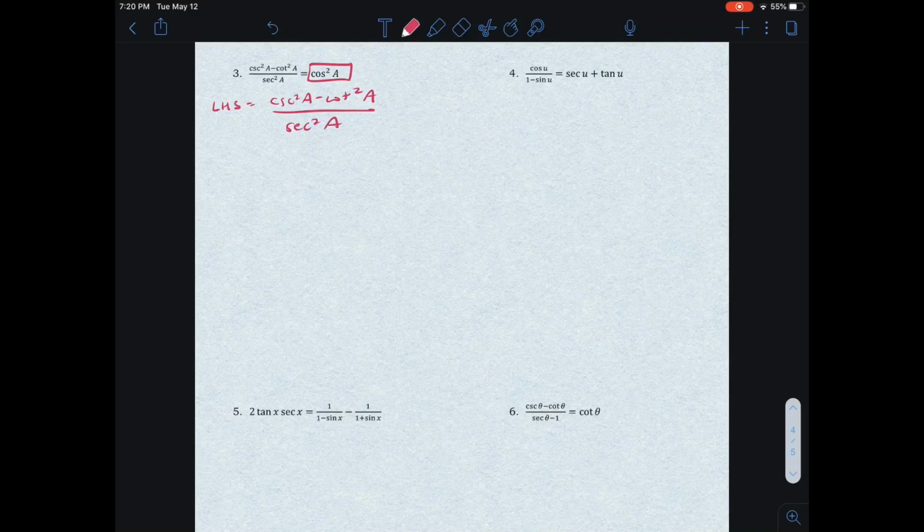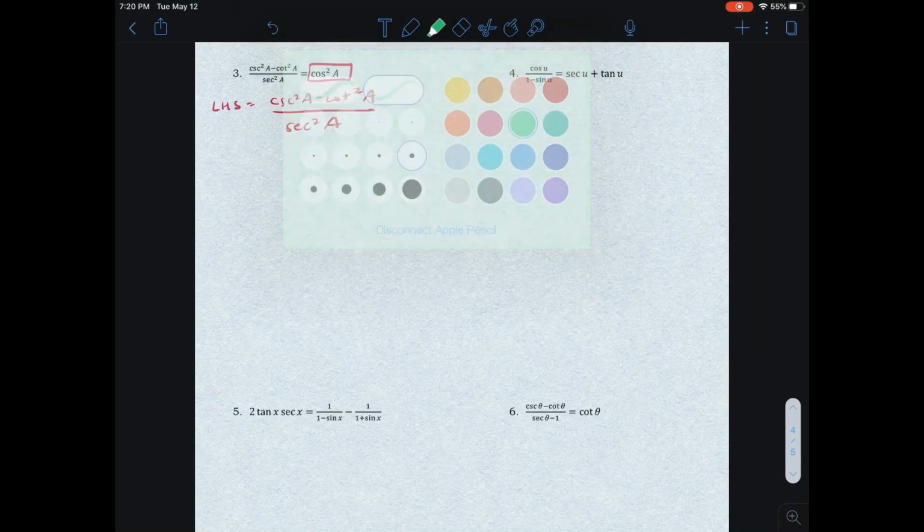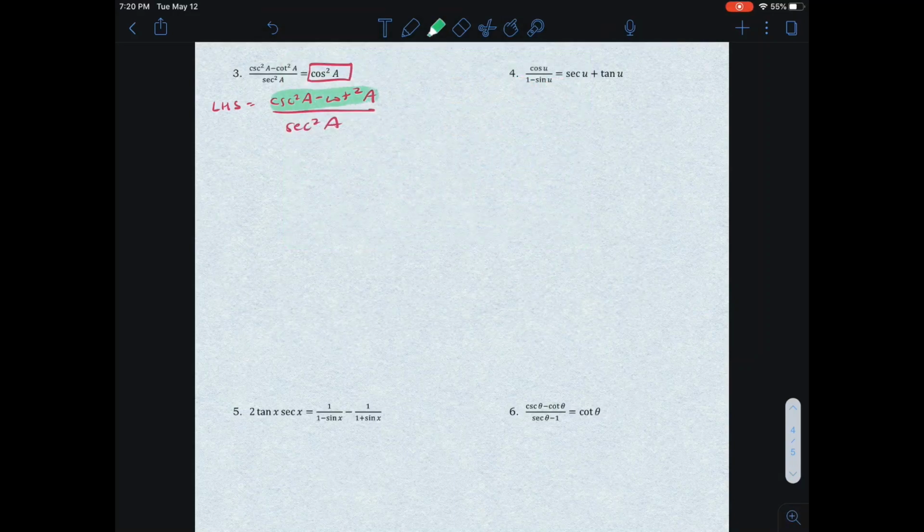So from here, I think, okay, what can I possibly do here? I feel like you can break this up maybe into 2 fractions. You can maybe use some sort of Pythagorean identity. And I feel like it's the Pythagorean identity route that we're going to be using. And the reason why is because I'm looking up here at this cosecant squared of a minus cotangent squared of a.